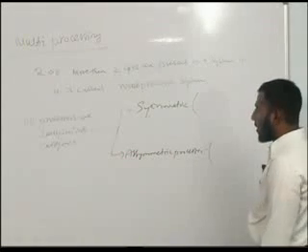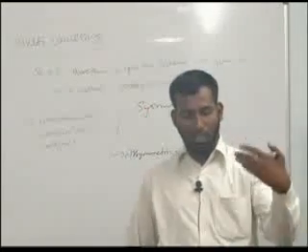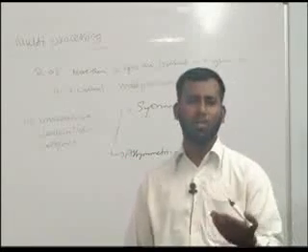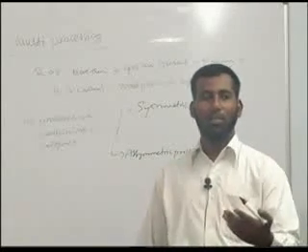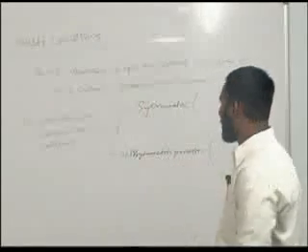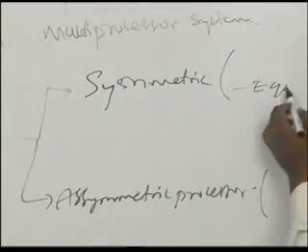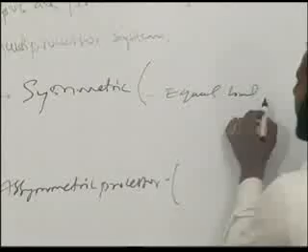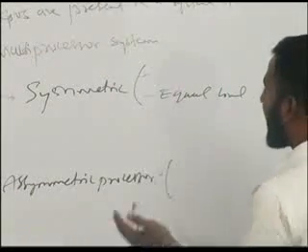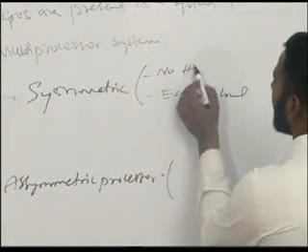In a symmetric processor, all are the same. There is no level between one CPU and another CPU. All are at the same level. They work on a peer-to-peer basis, meaning there is no master and slave relationship. Every processor can talk with another processor. All of them have equal rights, so there will be an equal load on all of these processors. In a symmetric processor, there is no hierarchy between the processors.